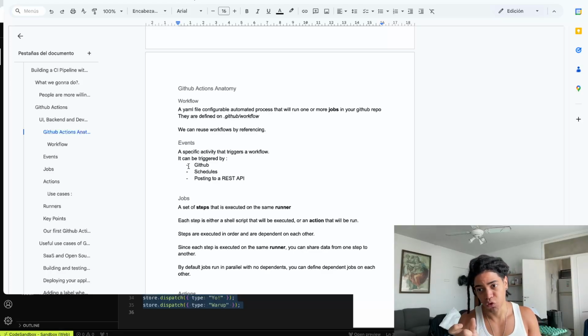this workflow will be triggered when an event is detected, whether it is from a list of events provided by GitHub for your repo, or a schedule that you made.